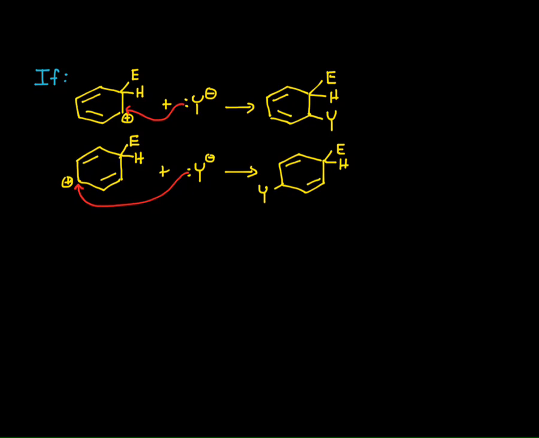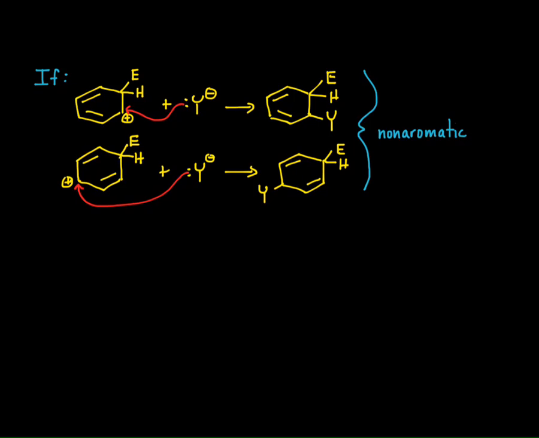So it's almost very similar to 1,2 and 1,4. But notice something very important. When we go from this non-aromatic cyclohexadienyl carbocation intermediate to the following structures, I'm producing non-aromatic products, right? So these are non-aromatic products.